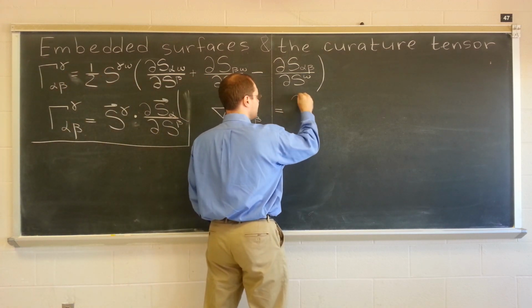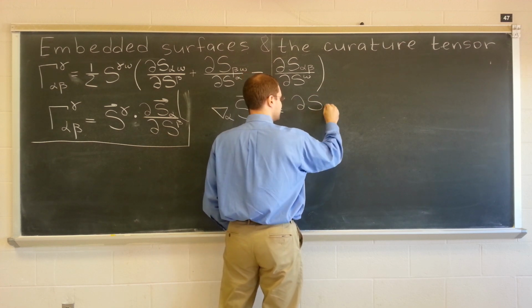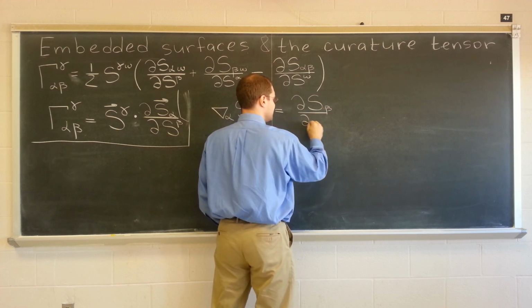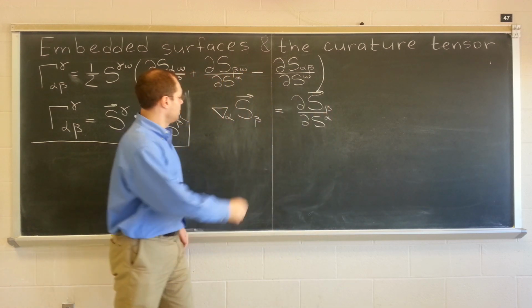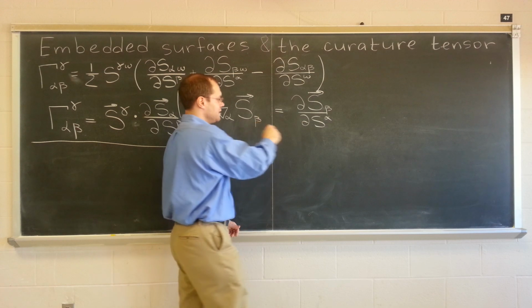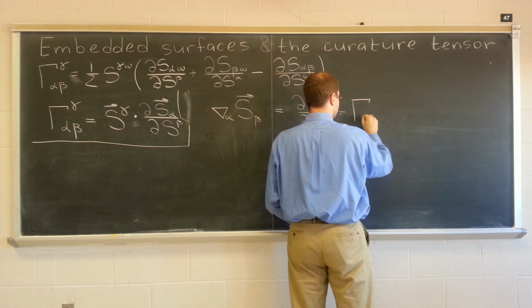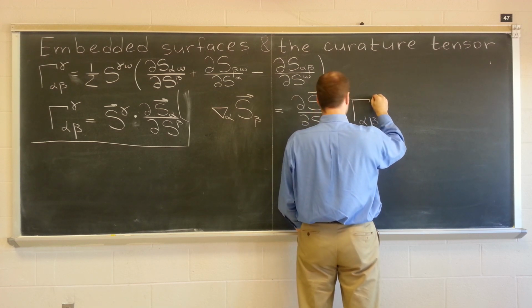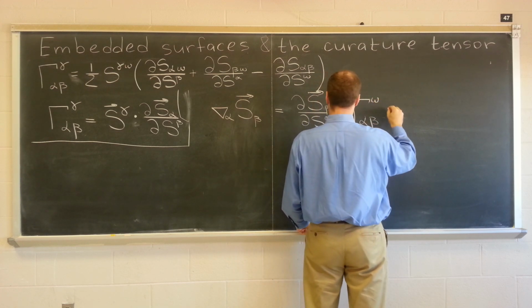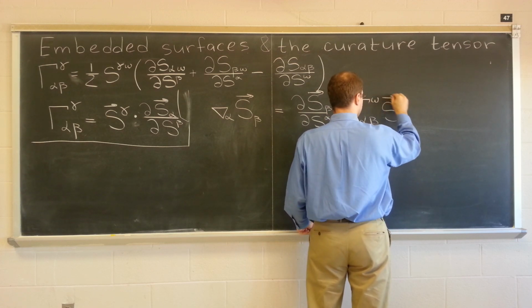By definition, it's ds beta, ds alpha, minus, because it's a covariant type thing, minus gamma alpha beta omega, I will use here, s omega.